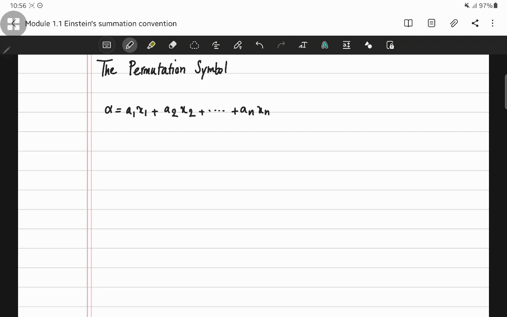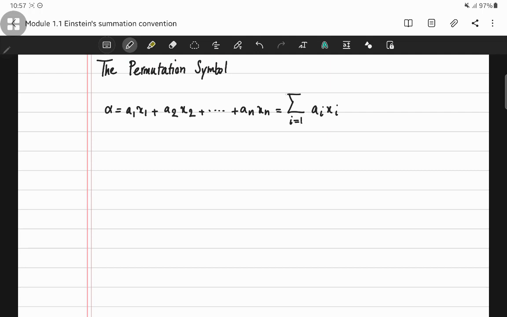So here you have a series of terms which are summed, and you have different subscripts, like 1 here, 2 here, and then you have a summation on the whole expression. So we can rewrite this as sigma, with capital, of course, a i x i.